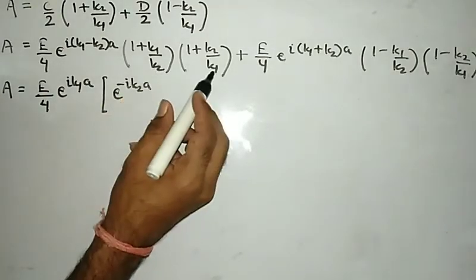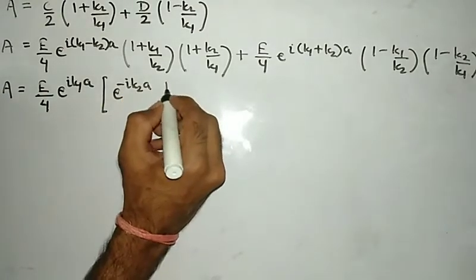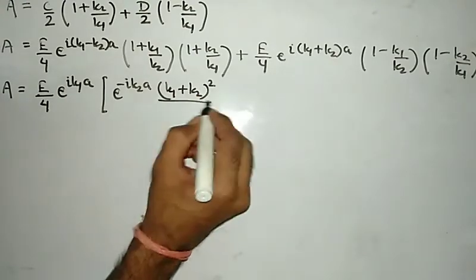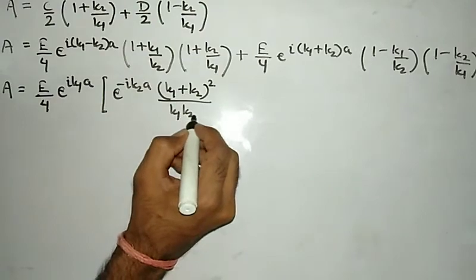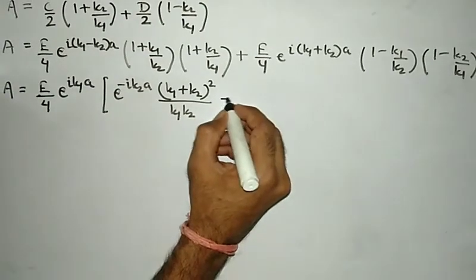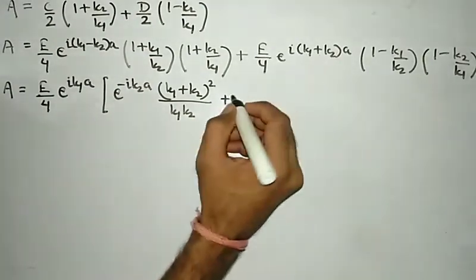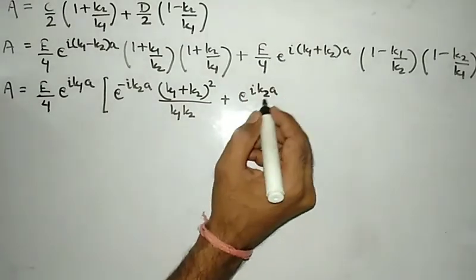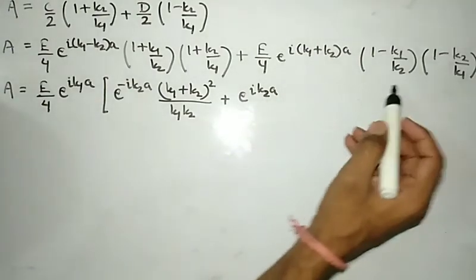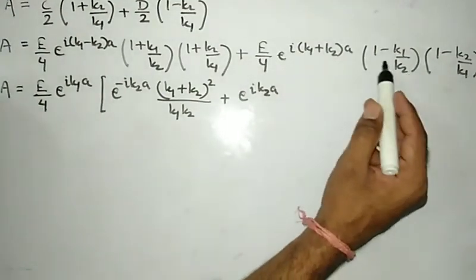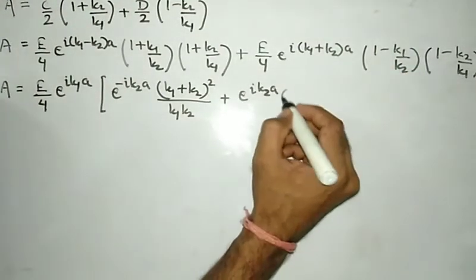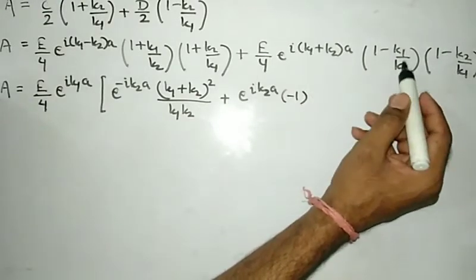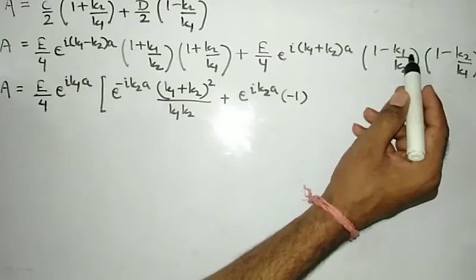Here taking k2 and k1 as LCM, we will get (k1 plus k2) whole square upon k1 k2, plus here e to the power i k2 a, and taking minus 1 from this term, so that this will become k1 upon k2 minus 1.